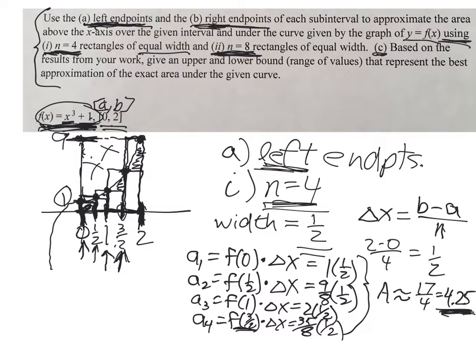Now, would the right endpoints be an overestimate or an underestimate? This time it's going to be an overestimate because we're counting this space inside the rectangles, but they're above the curve. So a little extra. Let's go to the next page and write this out.